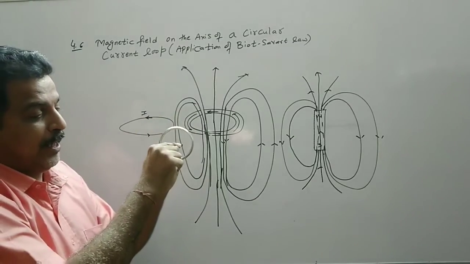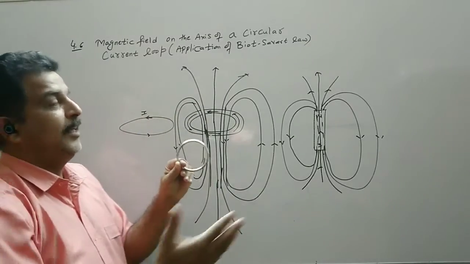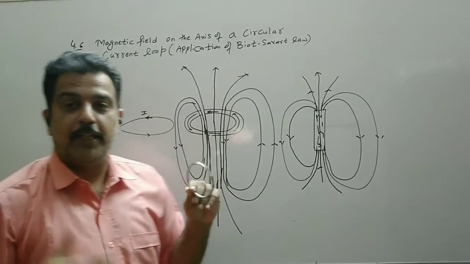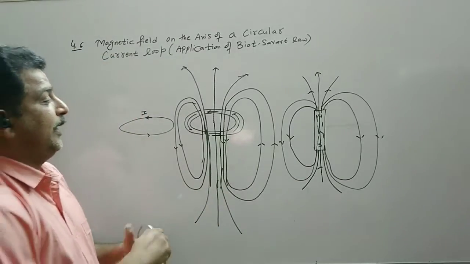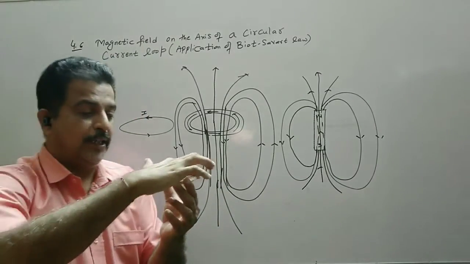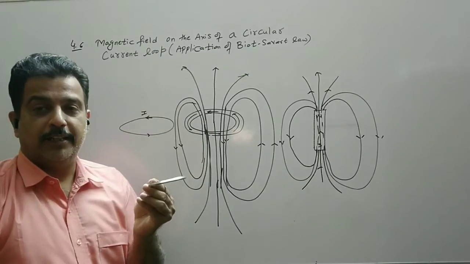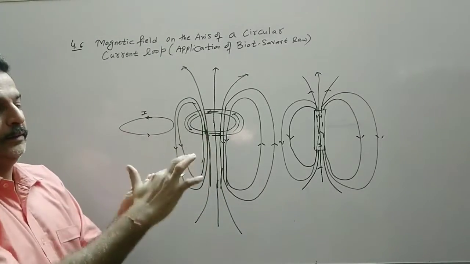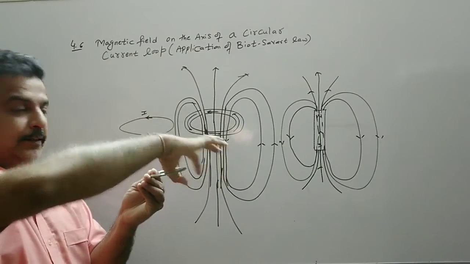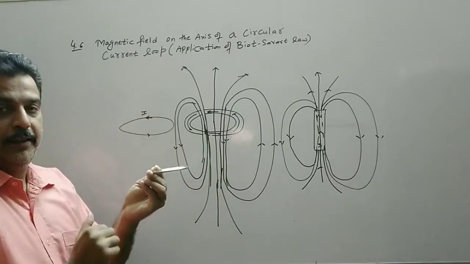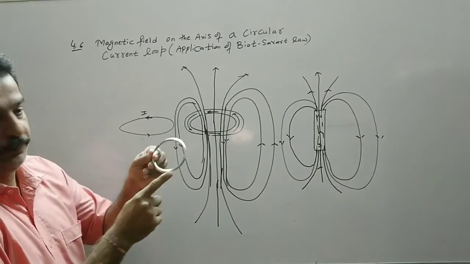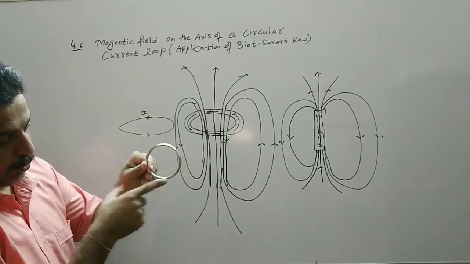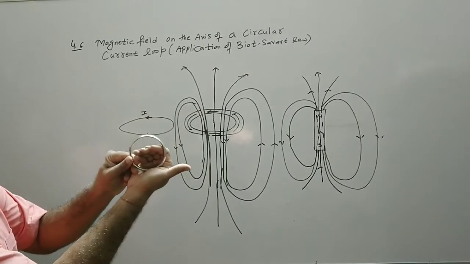But if you take an axis, we will see in the next lecture, we have to make components, because the field on the ring is not straight. So if I take this portion, it is a ring like this, a ring like that. If I take this portion, the current is anti-clockwise, so I keep the thumb here.